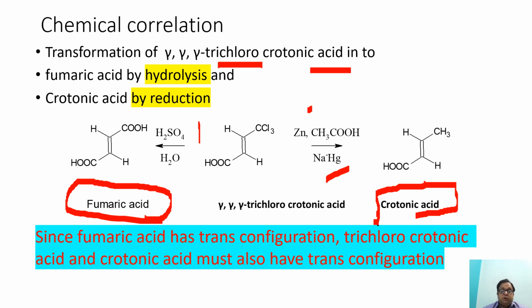Now, the point to be considered here is that fumaric acid has the trans configuration. So therefore, trichlorocrotonic acid and crotonic acid must also have the trans configuration. So this is not the absolute method. This method is based on chemical correlation. If one derivative is like this, its predecessor and successor should have the same configuration.